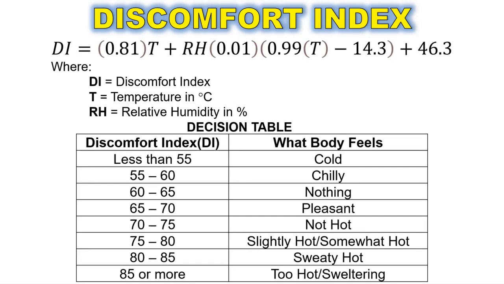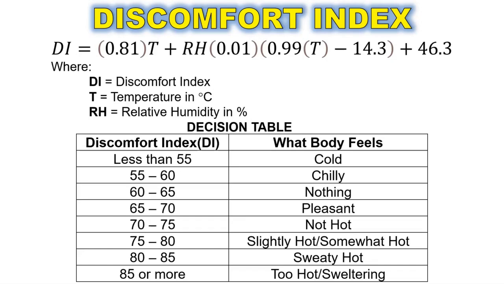DI is equal to the constant 0.81 multiplied by T, the temperature, added to RH, the relative humidity, multiplied by 0.01, multiplied by the quantity 0.99 multiplied by the temperature T, subtracted by 14.3, and then finally added to the constant 46.3, where DI stands for discomfort index, T stands for temperature in degrees Celsius, and RH stands for relative humidity in percent.